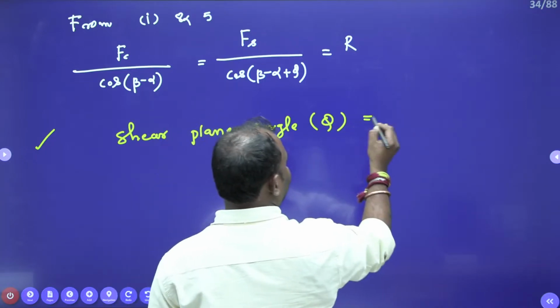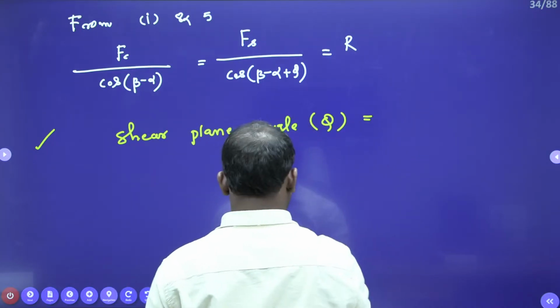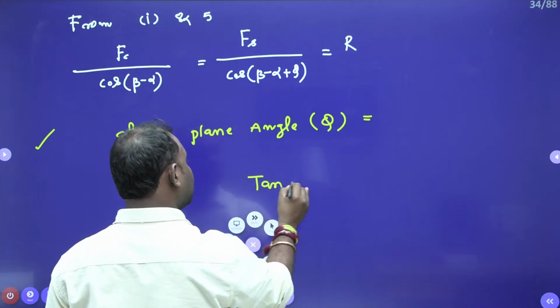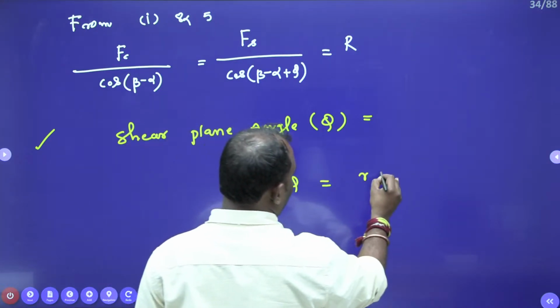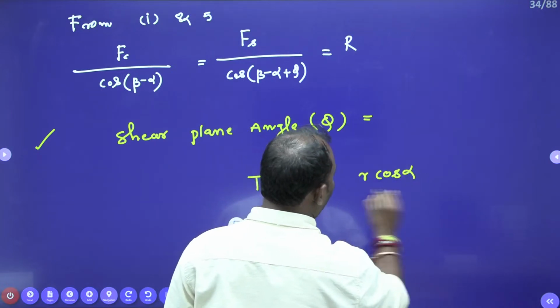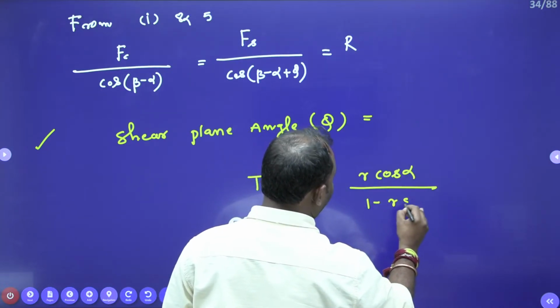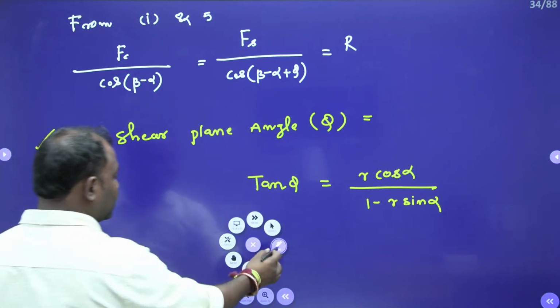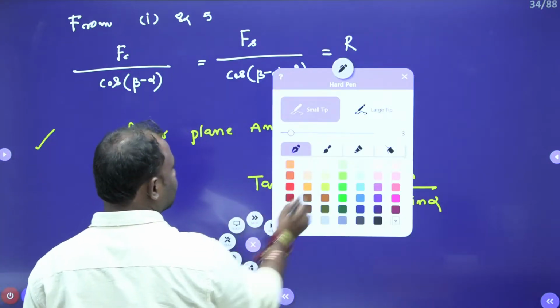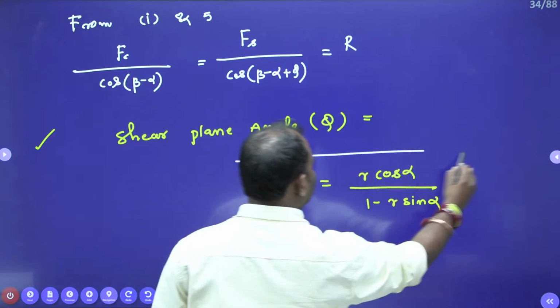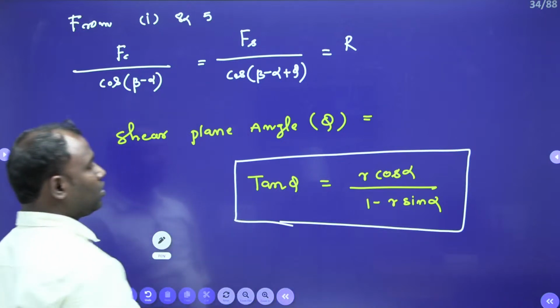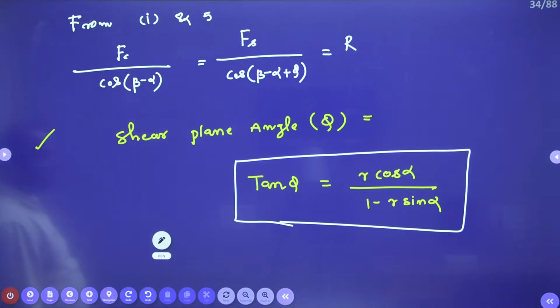So we can write it as tan phi is equal to r cos alpha divided by 1 minus r sin alpha. Isn't it, guys? Right. So tan phi is r cos alpha by 1 minus r sin alpha.